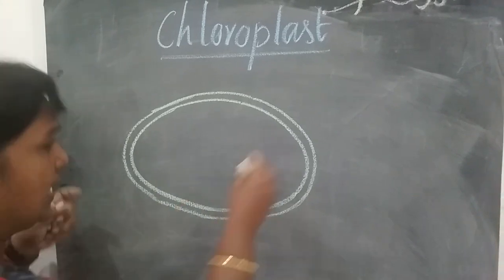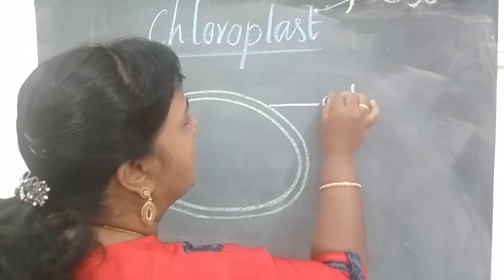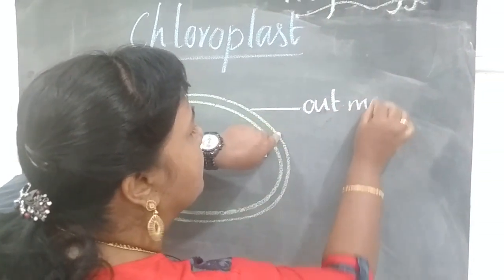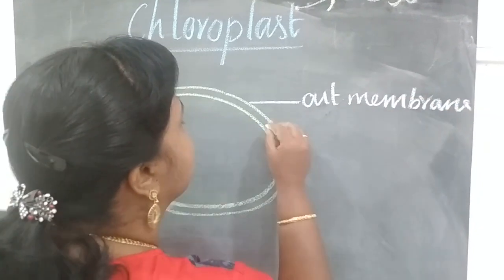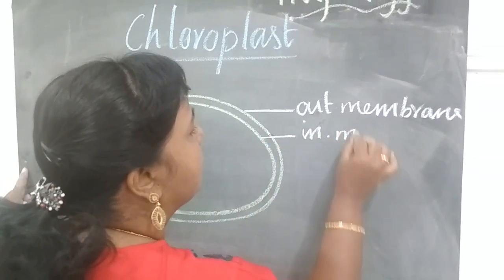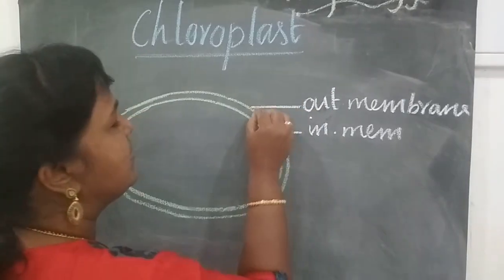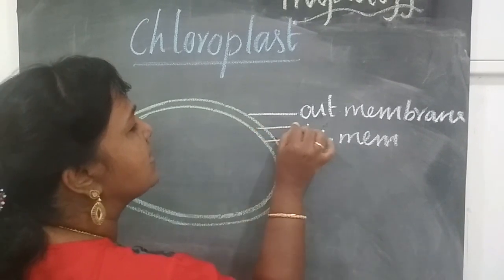This is the outer membrane, and this is the inner membrane, and in between the outer membrane and inner membrane there is the intermembrane space.